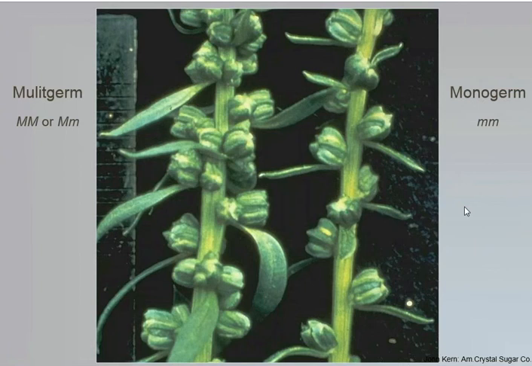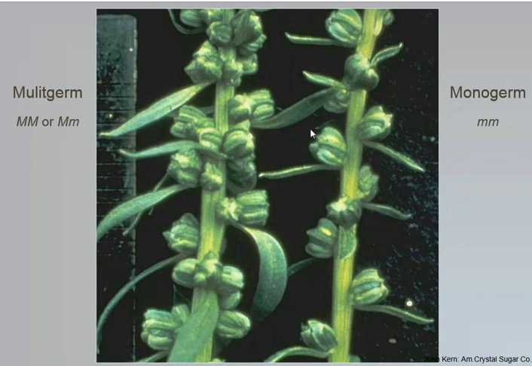So an important feature, a characteristic of every hybrid grown in the U.S. and in Europe and many other places, is whether these seeds or flowers are born singly or multiply. So multiply is the ancestral state, and there's been a mutation to give only one seed per axil, okay?